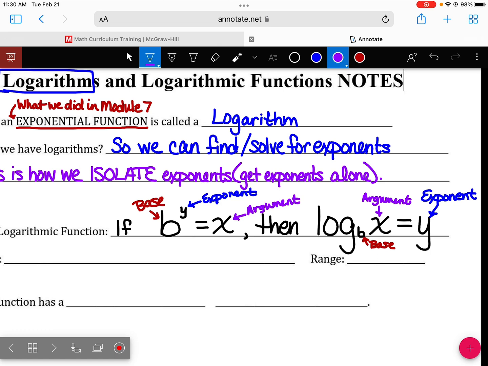When we write a log, we read this as log base b of, and then I have my argument, equals, and the part that comes after the equal sign is my exponent. This is the only way to get an exponent isolated. And what we're going to learn how to do later on in this module is take something that looks like this and put it into the calculator so that we can find this exponent. It'll be better than just guessing and checking.